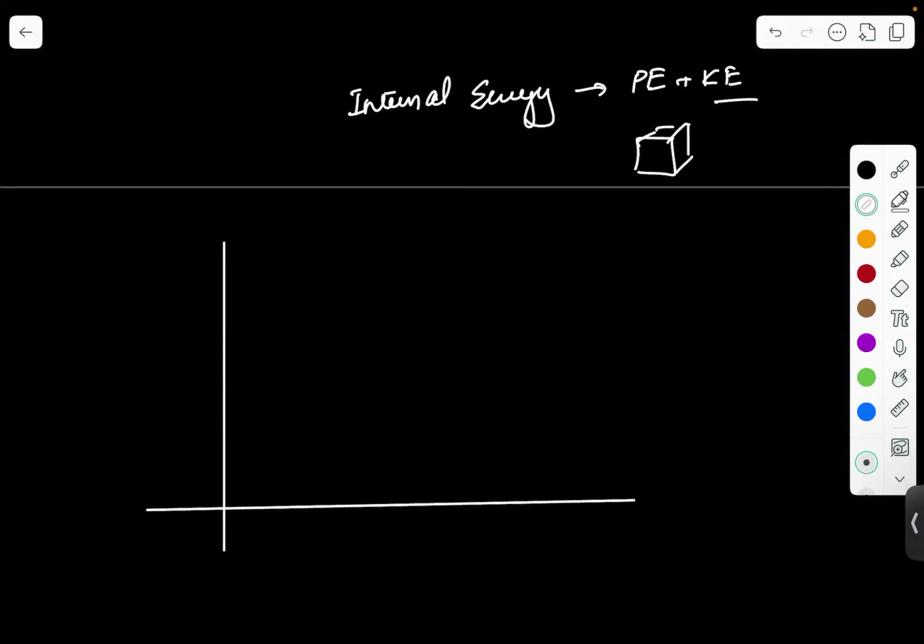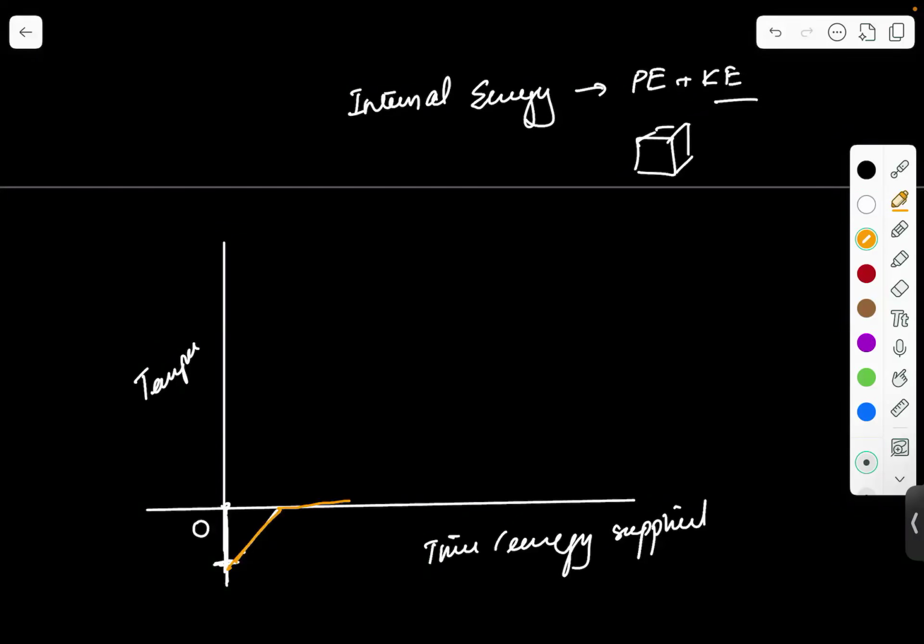So let's say temperature is on this side of the graph, and this is the time or energy supplied. If I am going from negative, this is negative, so when water is frozen at negative temperatures, it's solid. Let's say this is 0, and let's call this 100.